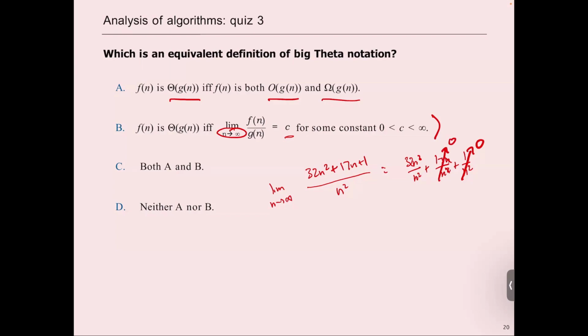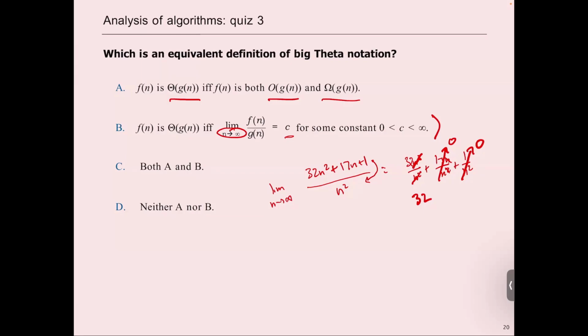Whereas the first term is just 32. So the ratio between these two functions approaches 32 as n goes to infinity. So this function is big O of, or theta of, the second function.